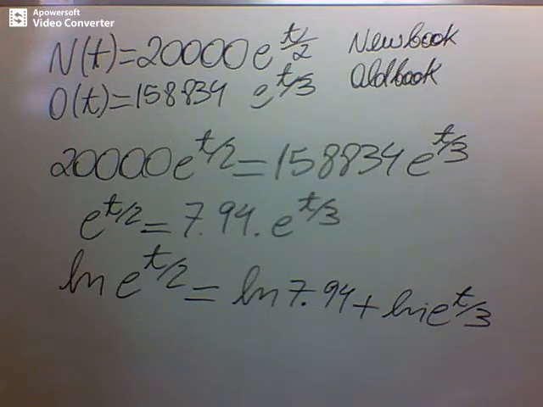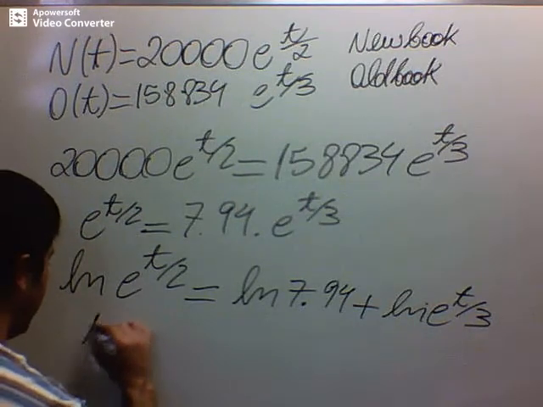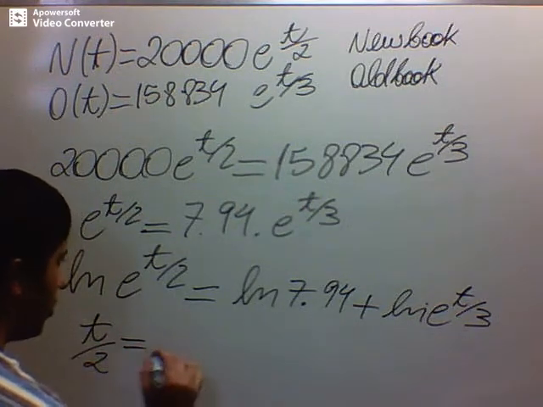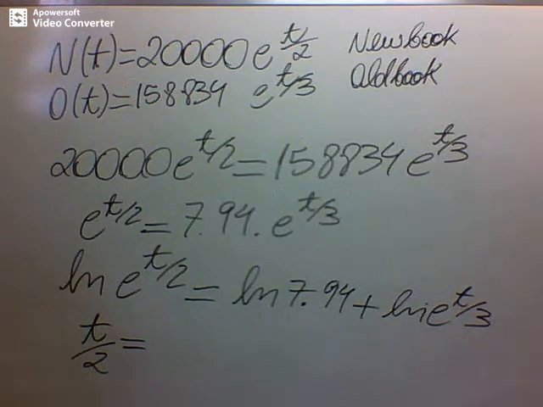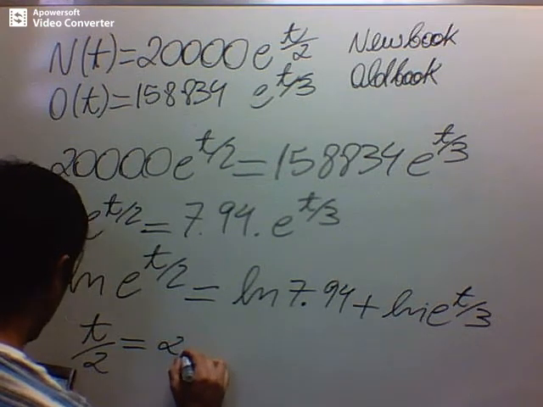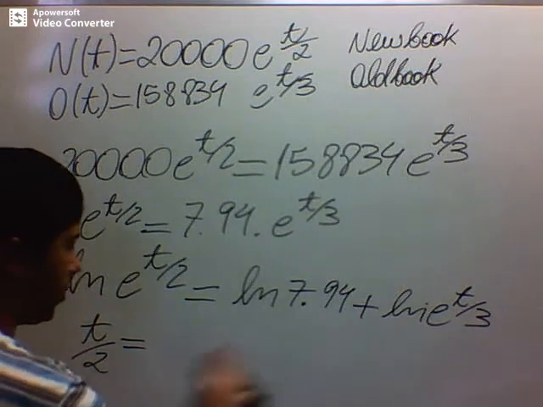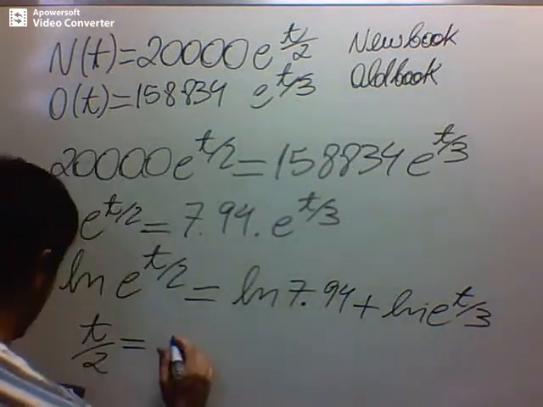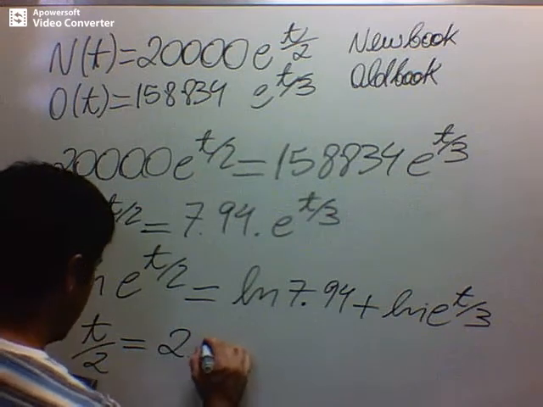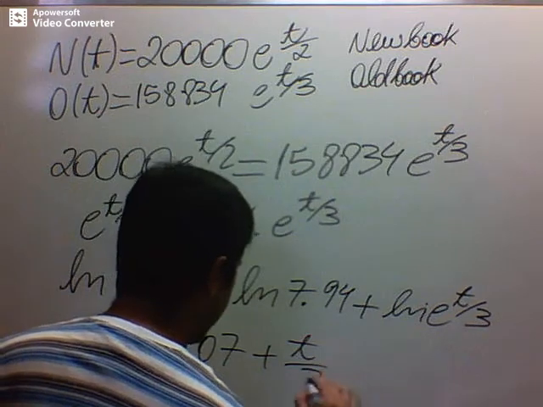This is going to be t divided by 2, equal to the ln of 7.94, which I'm going to calculate on my calculator: 2.07, using the point instead of the comma, plus t divided by 3.